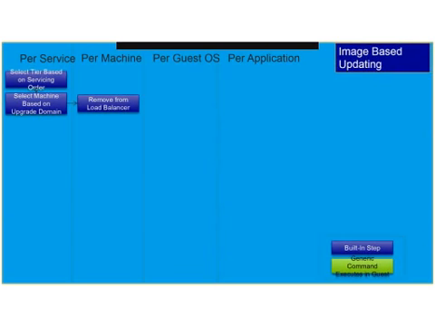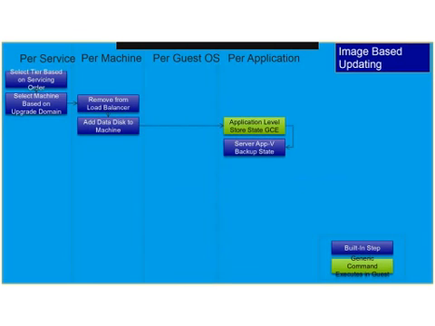If you select image-based updating, it's basically the same. It selects the order based on the upgrade domain and removes the load balancer. It transfers the VHD over and creates a new machine, then goes to the application level, runs the global scripts, and runs any App-V if you're using Server App-V.